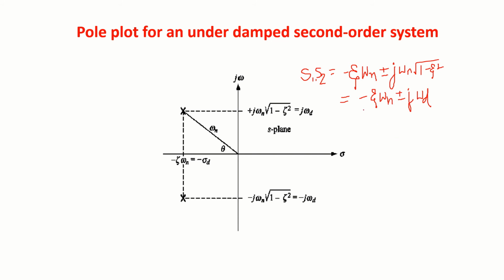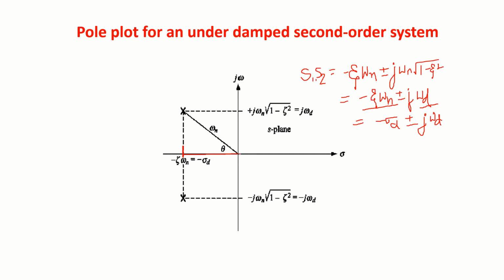This is the real part. This is the imaginary part. So this is the real part, which I can call minus sigma d plus or minus j omega t.